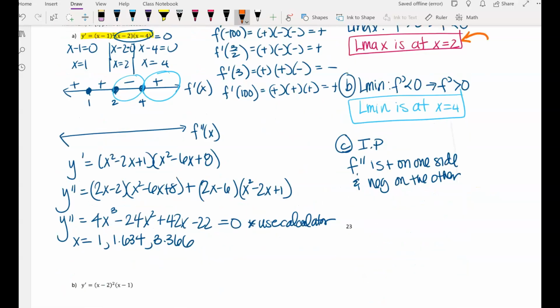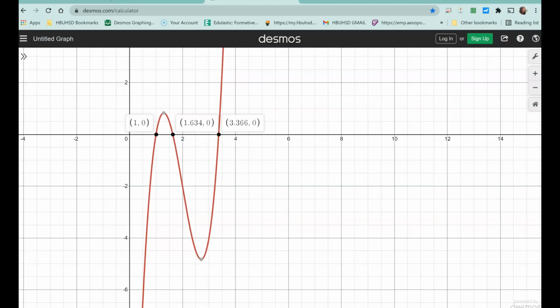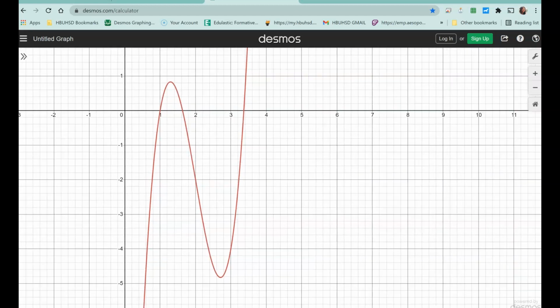Well, for the sake of simplicity, because honestly, I don't want to sit here and plug 2 into that equation, if we go to the graph that we graphed earlier, as you can see, when x equals 2, it is negative here at the bottom. Can you see this? So that's why it is confirming with the second derivative test.